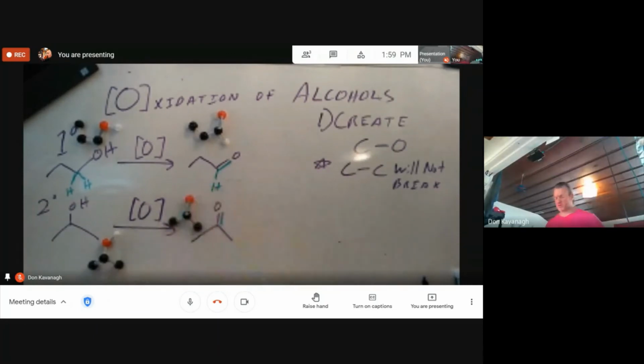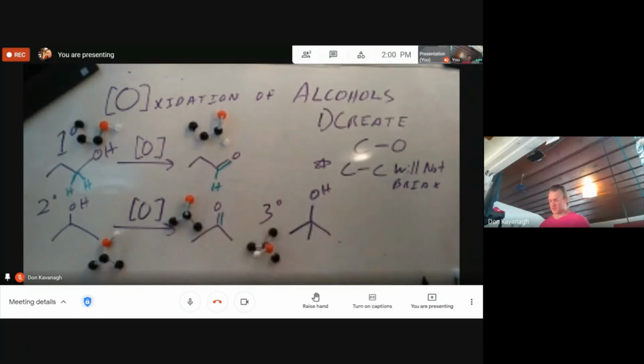Now there's a third type of alcohol that we classify called a tertiary alcohol. And here is a model kit of a tertiary alcohol, where we have 4 carbons present total.